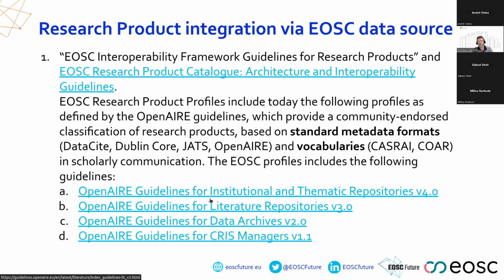Especially for data archives, the vocabulary from the InfoEU-Repo is used by the guidelines, as well as the core vocabulary. And last but not least, there are the CRIS guidelines for CRIS managers, which cover all the entities that we have seen before. And this uses the CERIF metadata format.